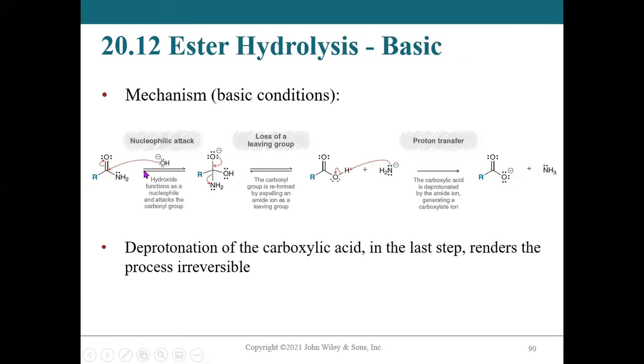So you can see first the attack of the carbonyl by the hydroxide, and then reform of the carbonyl expels this amide. That's why it's slow, because amide is not a good leaving group. The NH2 minus is not a good leaving group. Once that is expelled, it will take the H away from this acid, producing this carboxylate.